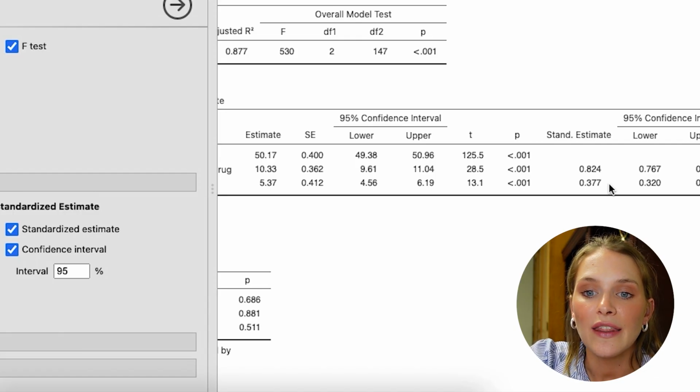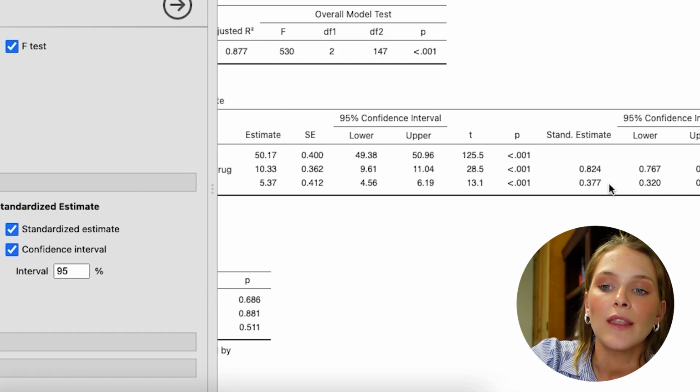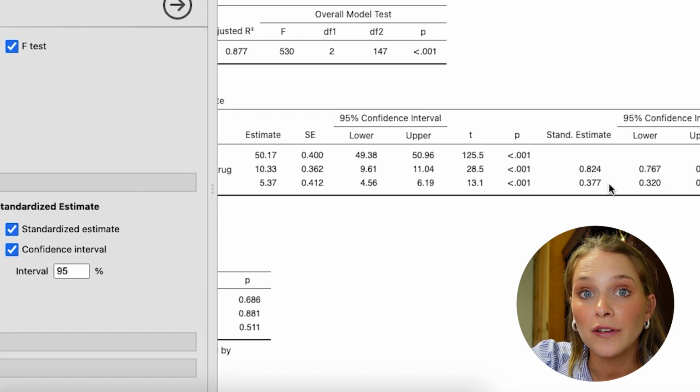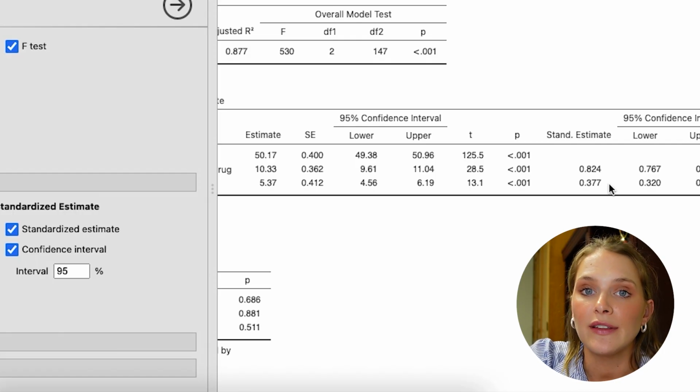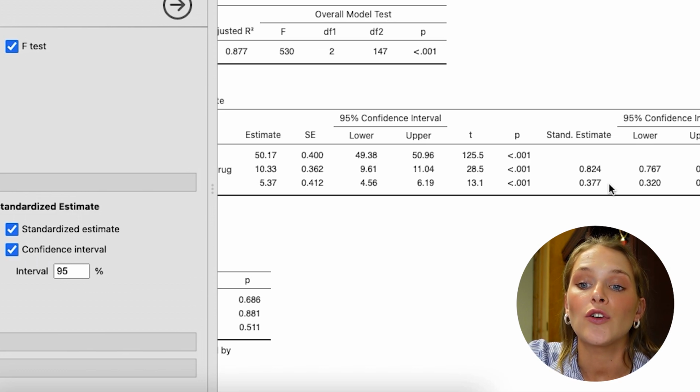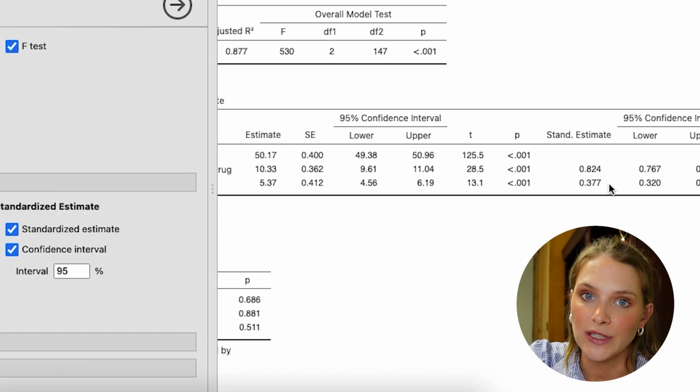So you'll see that for the dose manipulation of the experimental drug, that standardized estimate is 0.824 standard deviation units, whereas for the room temperature, it's 0.377 standard deviation units. So that tells us that there is a greater increase in heart rate for the 1 unit increase of the dose manipulation drug compared to the room temperature.